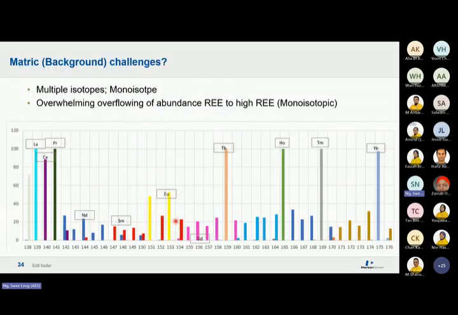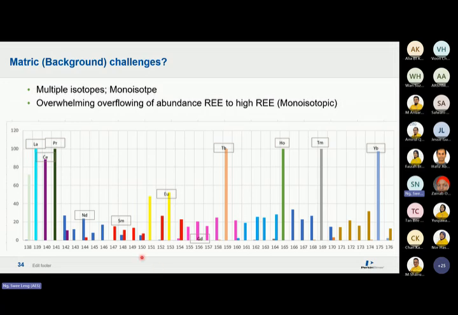So of course, I told you the background challenges just now: isobaric, polyatomic, and double charge. If you're doing a rare earth project, I'm going to tell you the most difficult application so far as a specialist is actually rare earth. What is the behavior of rare earth?